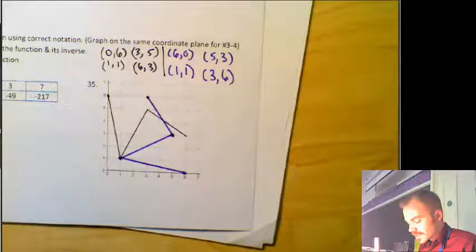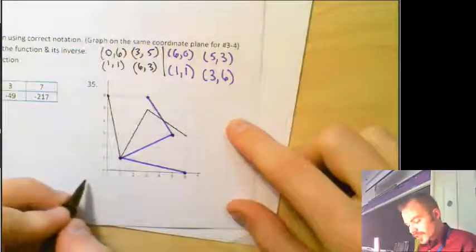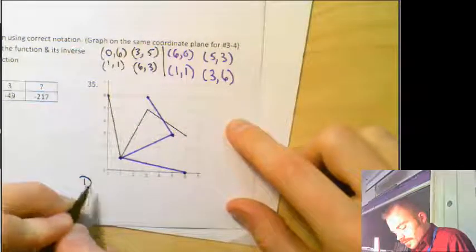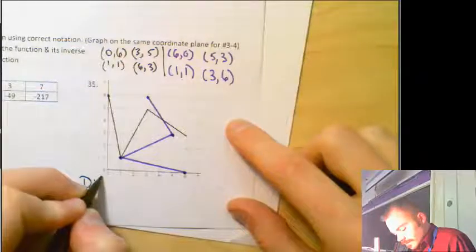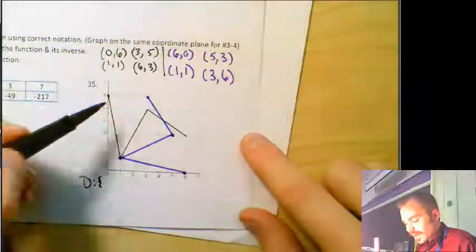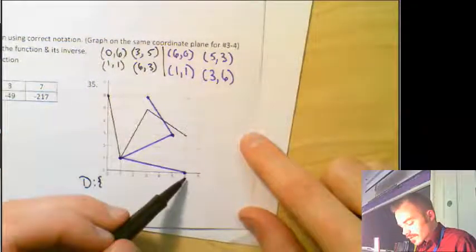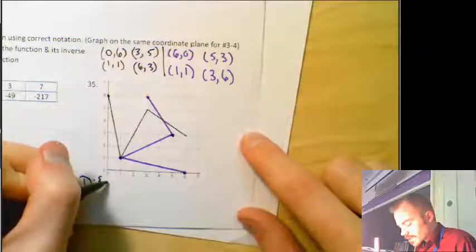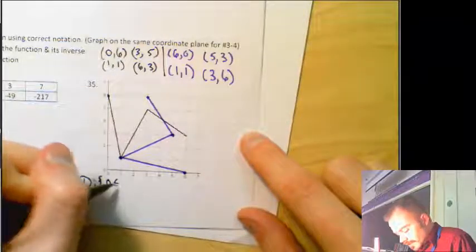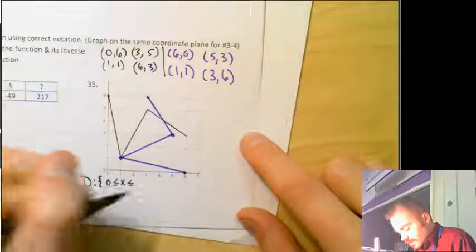So I'll switch back to black to state the domain and range of the function. So for the function, the domain is the width, or how wide my function is. So the leftmost point is 0 and the rightmost point is 6. So I can write that as 0 ≤ x ≤ 6.